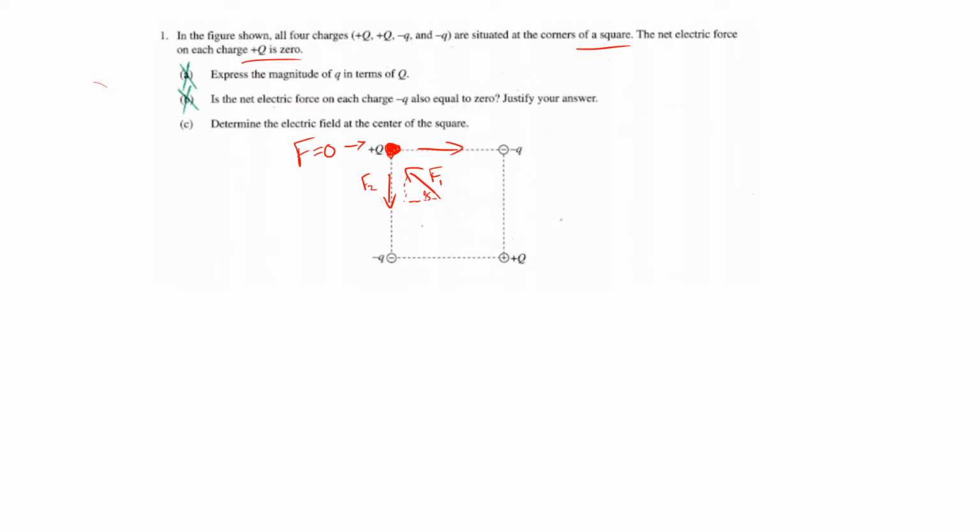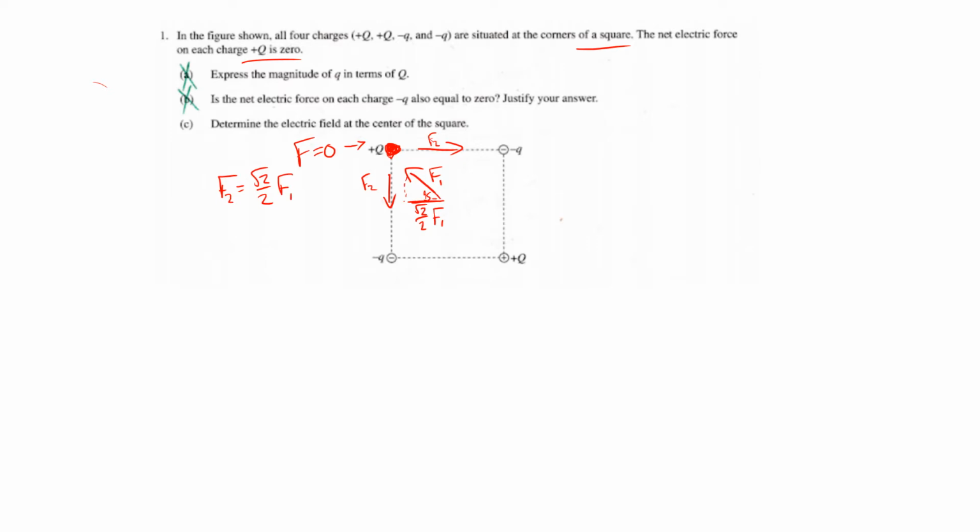So that means these sides right here are going to be root 2 over 2 F1. Now I know root 2 over 2 F1 is equal to F2 for either one of those sides. So that's how we're going to tie them together. So let's just write F2 is equal to root 2 over 2 F1.